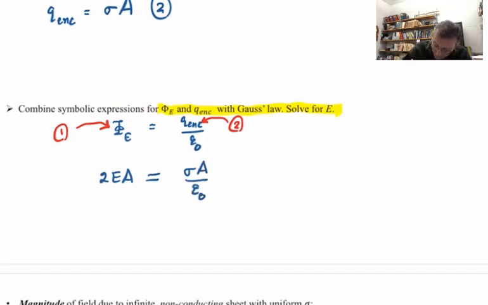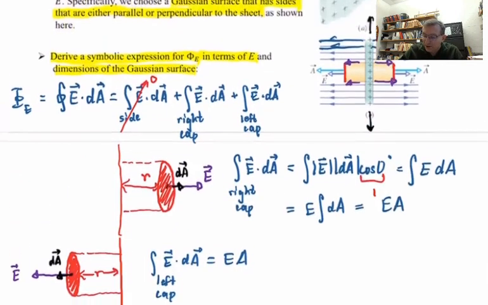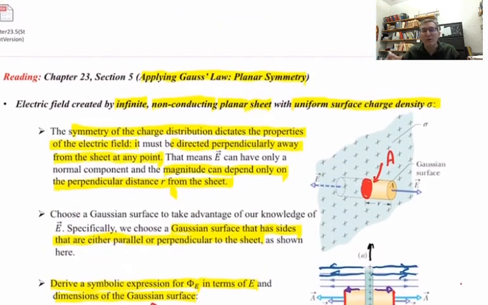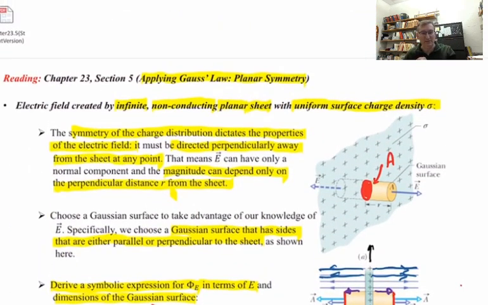And one very important thing happens at this step. Divide out A. Remember, A was that cross-sectional area of the Gaussian cylinder that we chose, way up there. Now, we chose that Gaussian cylinder. So that A had to cancel in solving for the electric field E of the sheet, because the electric field E of the sheet cannot depend on some choice that we might make about the shape of a Gaussian surface.